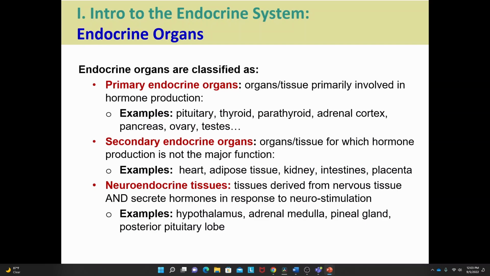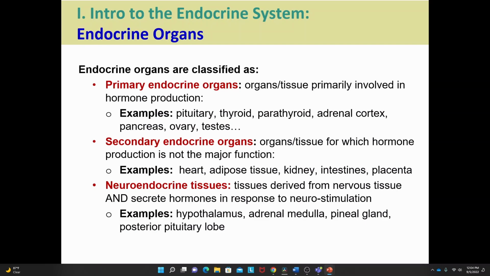And then neuroendocrine tissues, this is where we're blurring the lines between the endocrine and nervous systems. They're tissues made of nervous tissue, but they also secrete hormones when they get stimulated by the nervous system. So things like the hypothalamus, right? I like to think of the hypothalamus like the bridge between the nervous and endocrine systems.